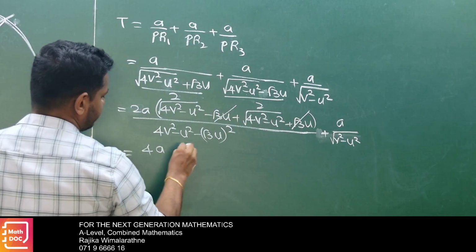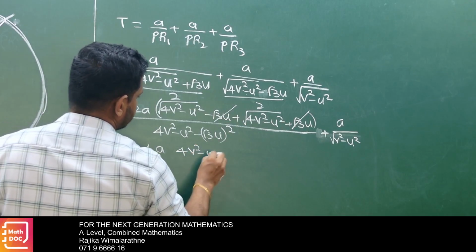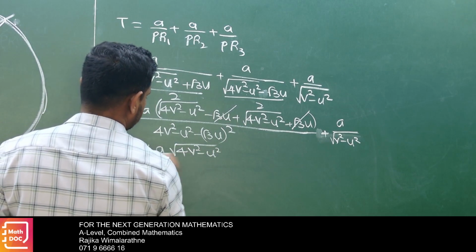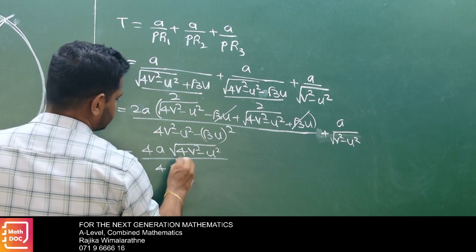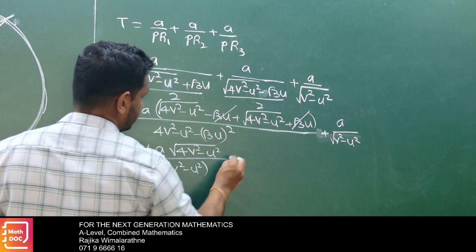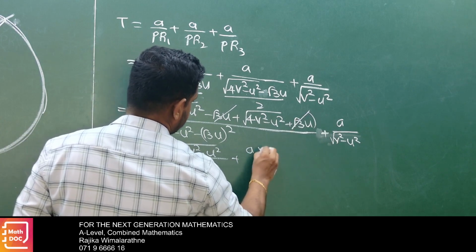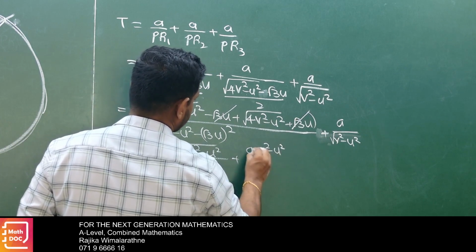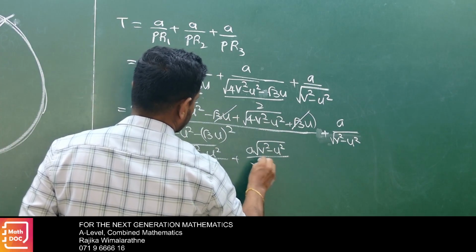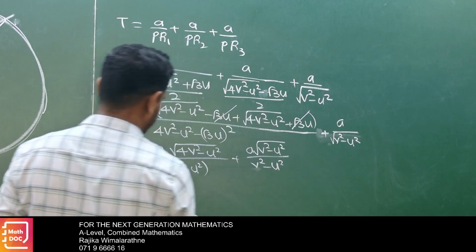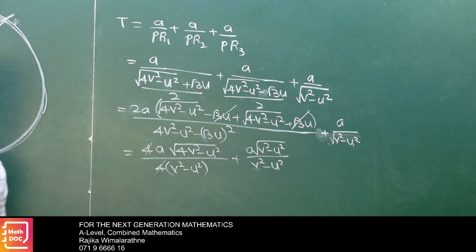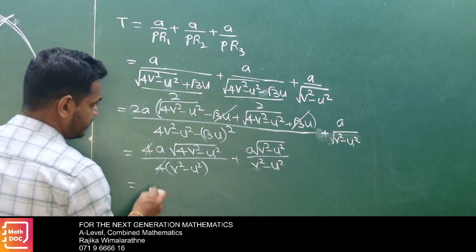Then for A, for V square minus U square root, multiply by the rationalizing factor there, V square minus U square root. Now it is done. Now the denominator is rational, we can get the simplest form.